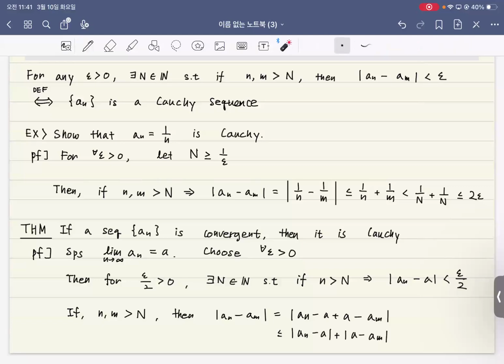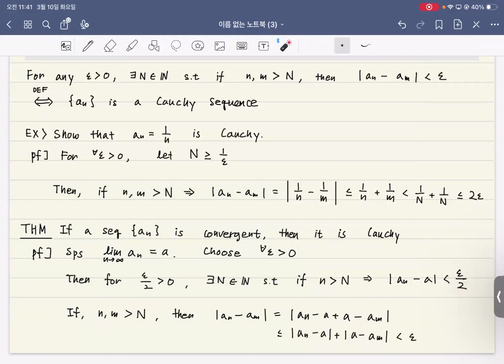But these two indices, n and m, were known to be greater than this large N. Therefore, this one is less than epsilon over 2, and this one is also less than epsilon over 2. So everything is less than epsilon.